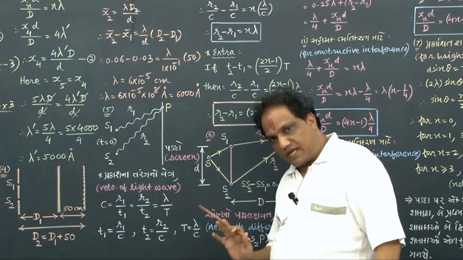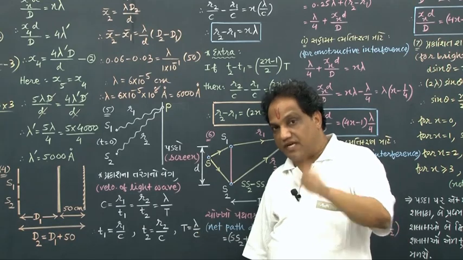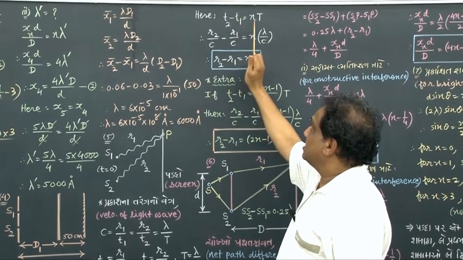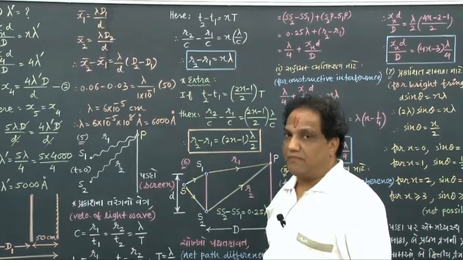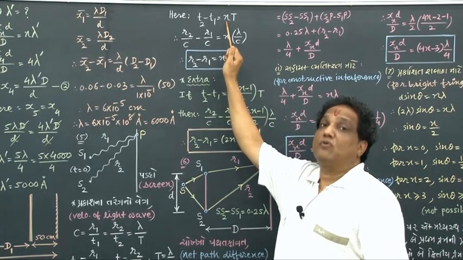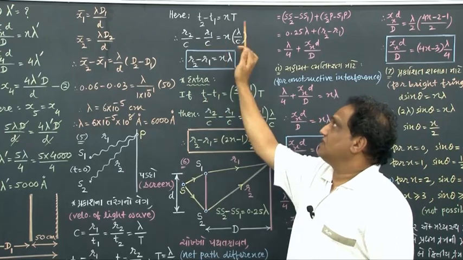Correct? What is given to us in the statement is that the difference of time is equal to integer multiple of periodic time. That integer multiple I am taking as small n. This is given to us in the statement.